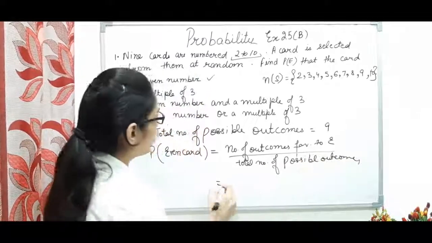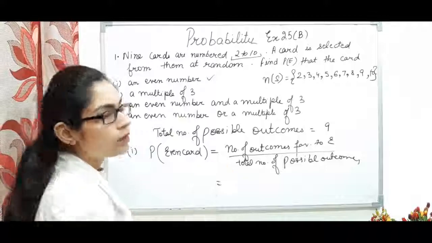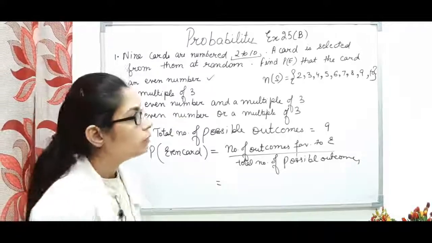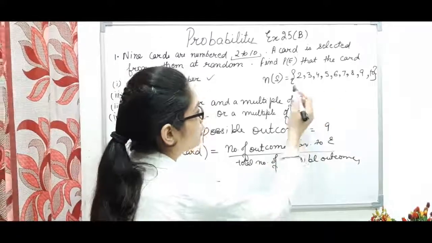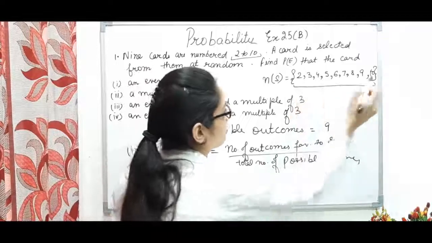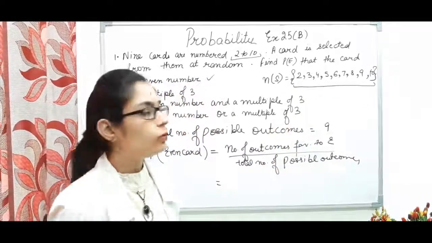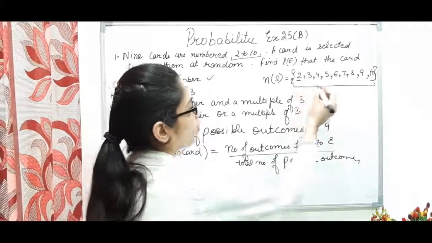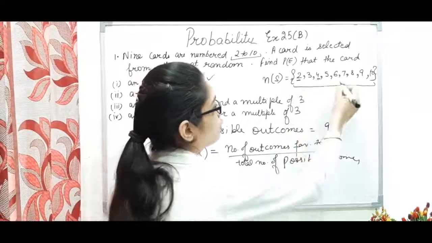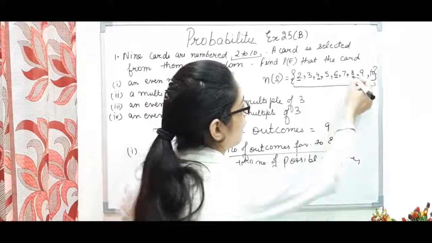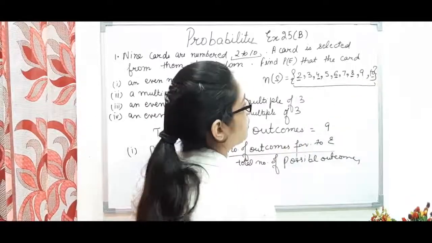Now they are asking that the card should be an even number. So let's find out all the even numbers in our given sample space. Even numbers are the multiples of 2. So 2 is an even number, 4 is an even number, 6 is an even number, 8 is an even number and 10 is an even number.